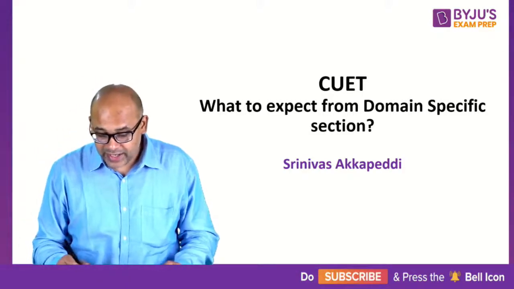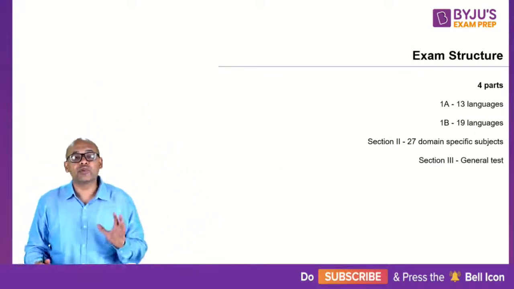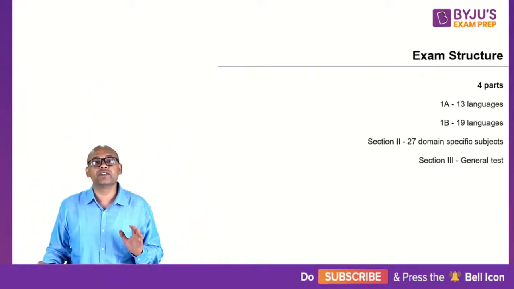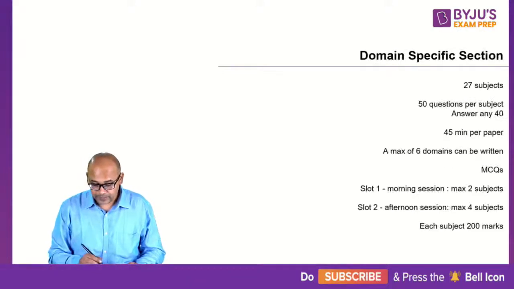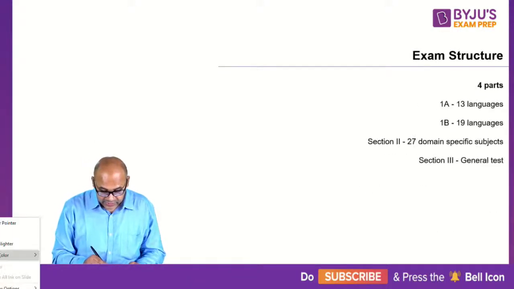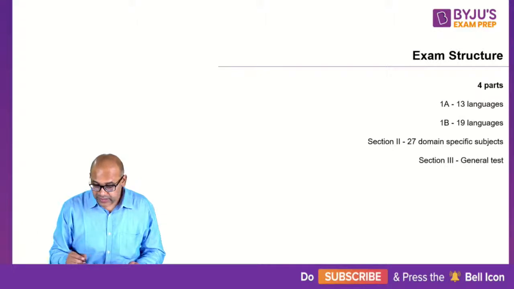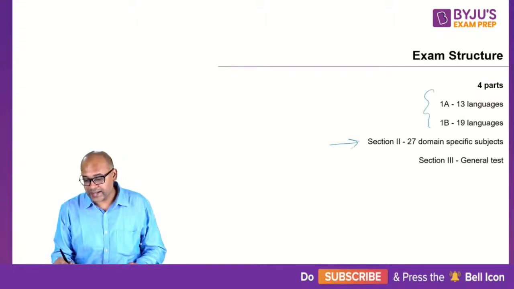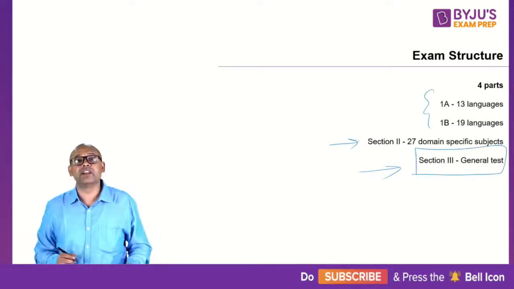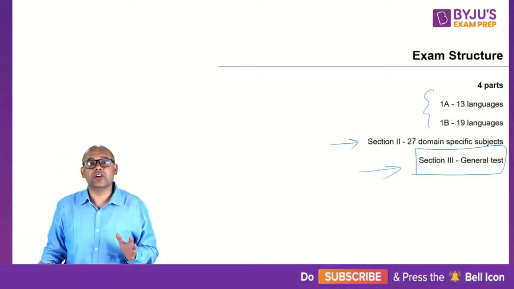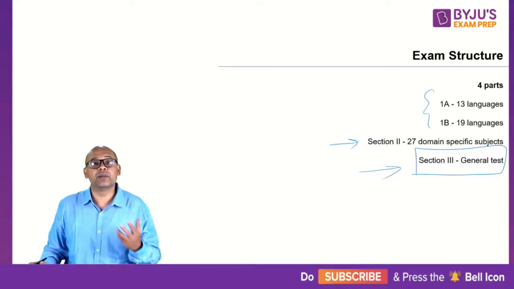So let's go ahead and take a look at what is the actual exam structure for your CUET. The CUET has three parts, or rather three sections totally. They are calling it section 1, then section 2 and section 3. Section 3 is the general test, which is the test of your numerical aptitude, general mental ability.